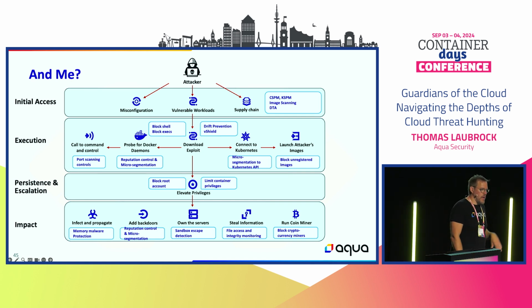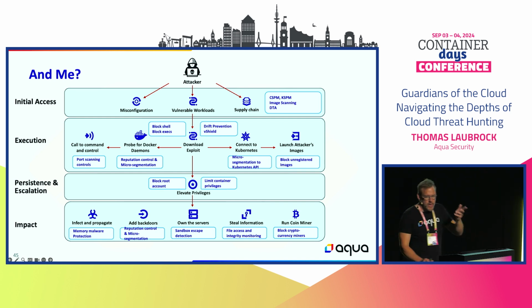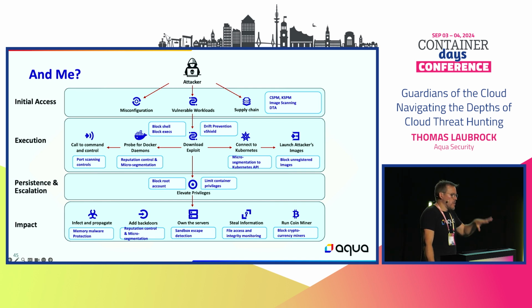And then on the execution phase, we already said do Redis hardening, which was one takeaway of the HeadCrab thing, right? Make sure that your containers only contain things that are really required. Limit, for example, exec into the containers. This will stop lateral spread.